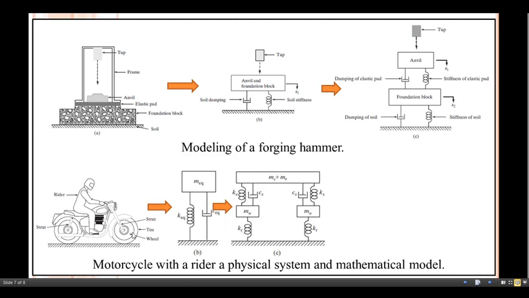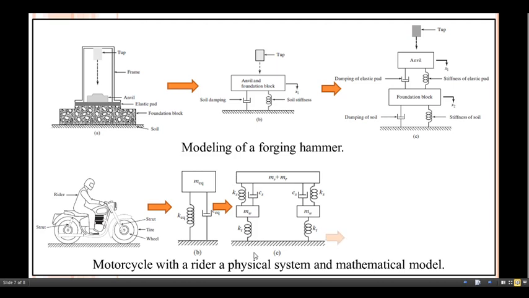We show kt for the rear wheel and kt for the front wheel. This model is drawn only approximately.